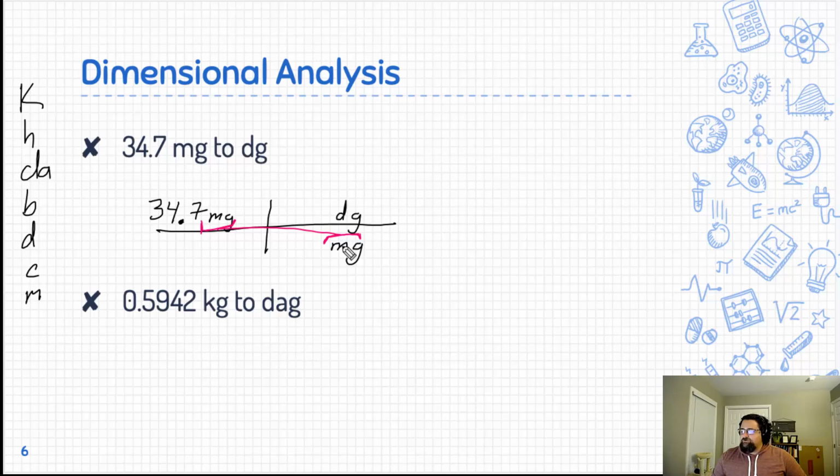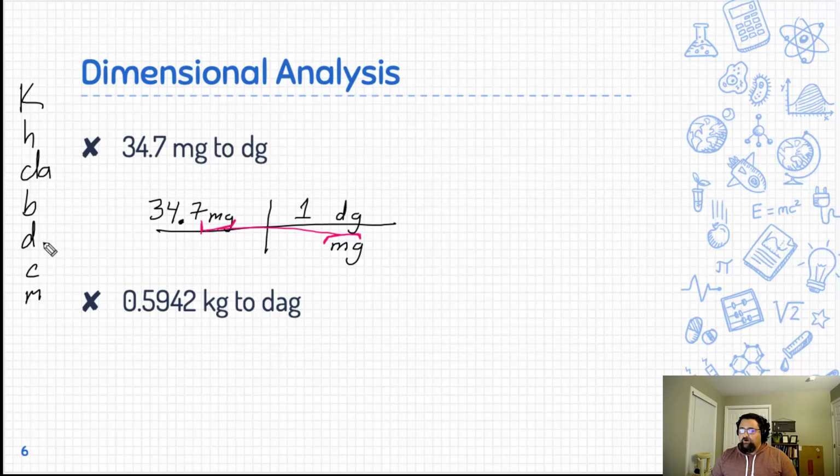And so what you do is you look at these things and you say, which is higher on our chart? What ultimately happens is deci is higher than milli. Deci's up here, milli's down here. Whichever one's higher gets the 1. So because deci's higher on our chart, you put a 1 next to it. Now, next to the other one, you're going to have some multiple of 10, depending on how many times you have to go up.